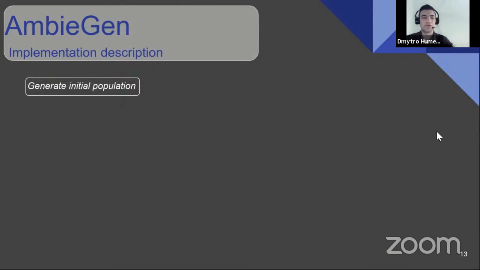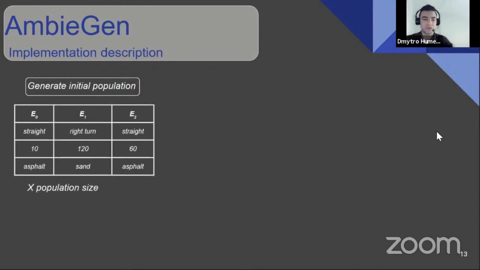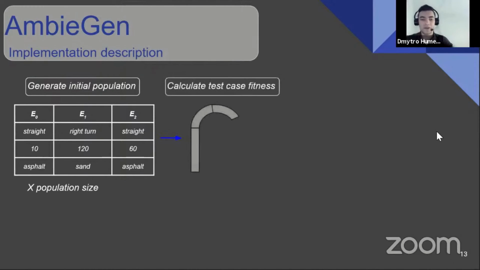And here is the overview of our approach. First, we generate an initial population of such matrices which represent the environment. Then we need to transform this matrix to a test scenario, which will be a sequence of points if we consider lane keeping assist systems, which will finally be approximated by some curve.